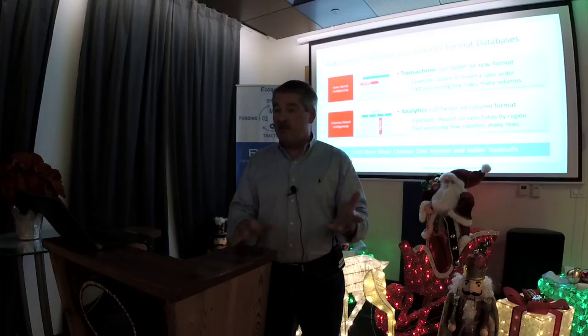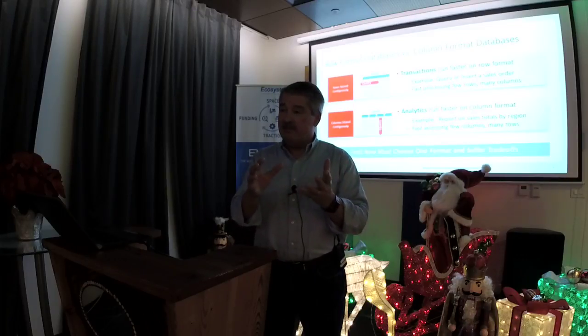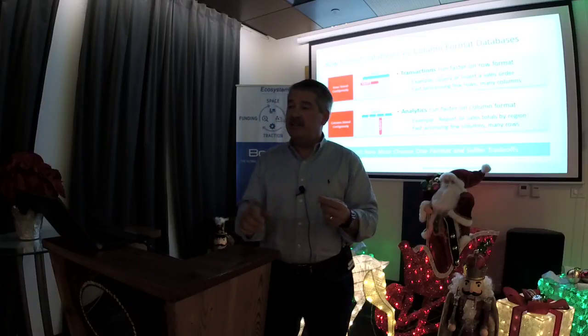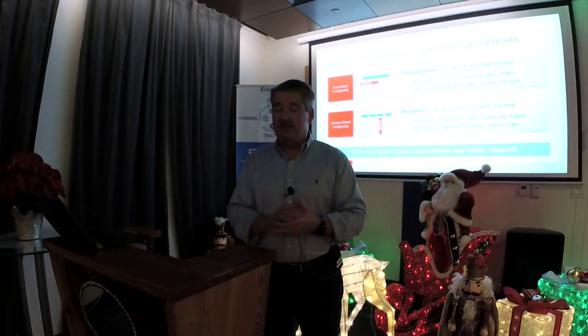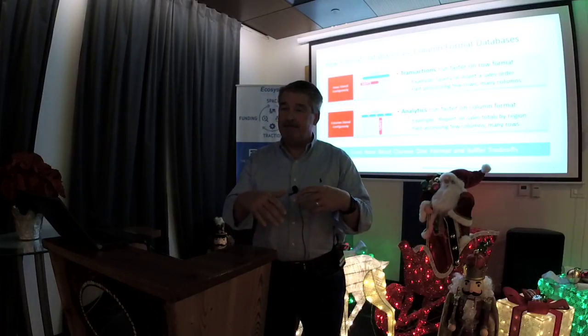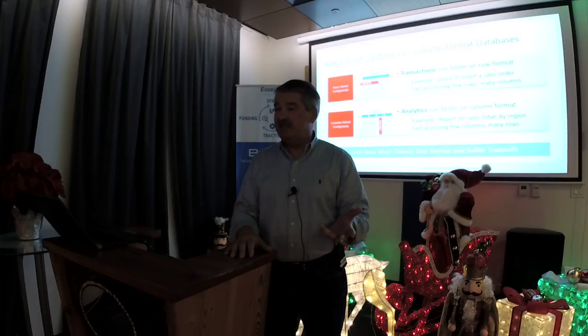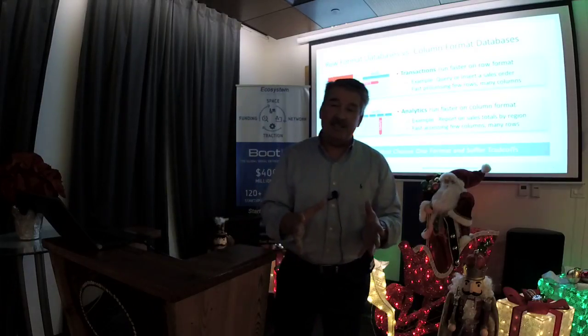Typically, you need a lot of reporting indexes to make the analytic queries run reasonably fast, and it's quite a bit of overhead to do analytics with it. Those reporting indexes also generate quite a bit of overhead for doing DML, inserts, updates, and deletes.